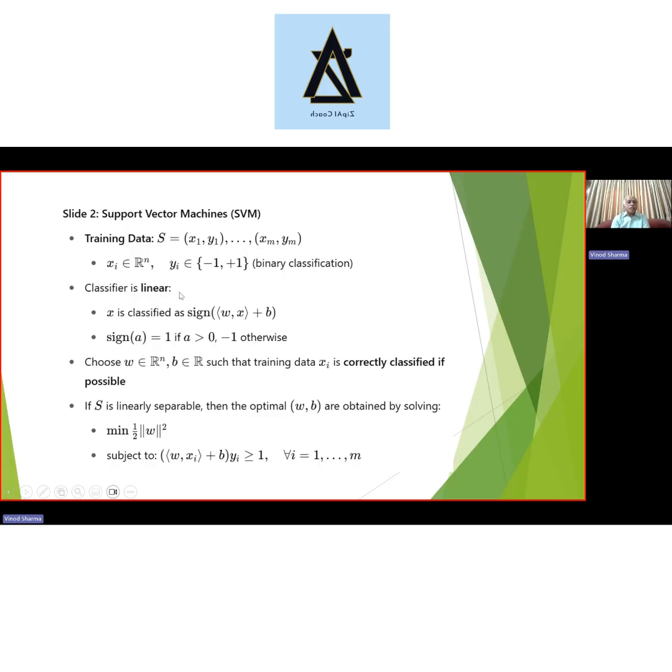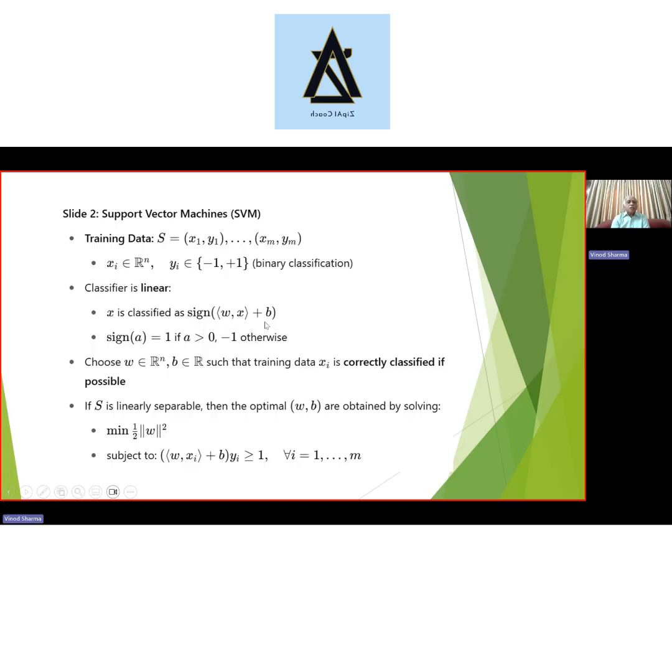SVMs are linear classifiers. So what we mean is, take the x, you make a linear function, the inner product of w with x plus b, where w and b are fixed. Depending on the w and b, a different linear function will be obtained. Now, after getting the linear value corresponding to x, we take the sign of that.